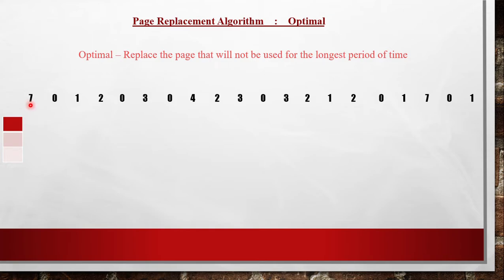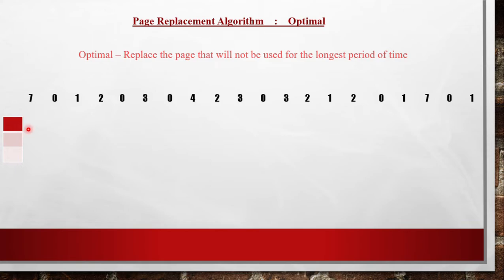When a page is not available in main memory and has to be brought from virtual memory to main memory, it is called a page fault. Why fault? Because it should be present in main memory but is not present, so it is considered a fault. And to remove that fault, we need to bring the page referred by the CPU from virtual memory to main memory.